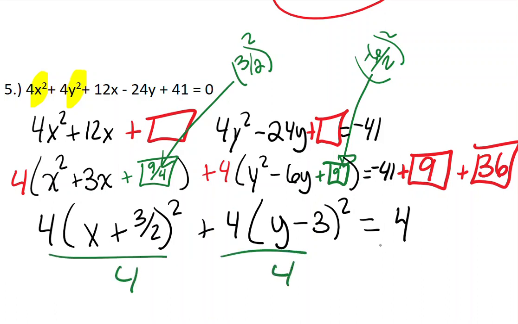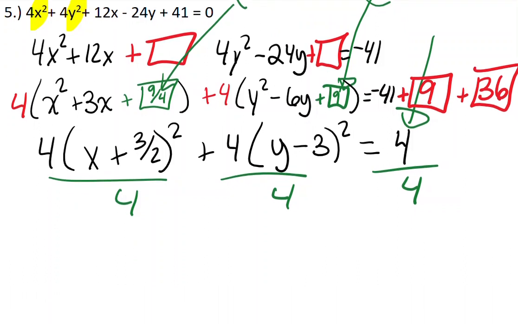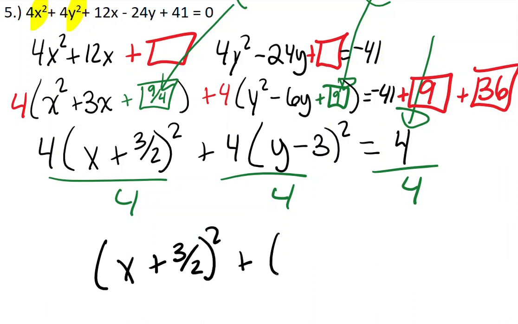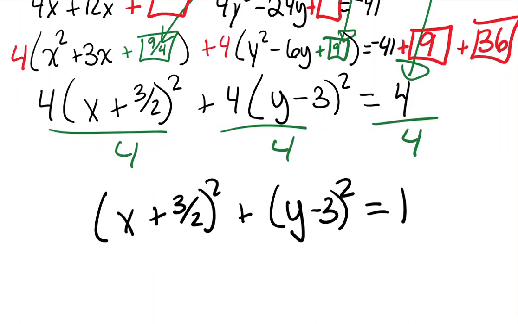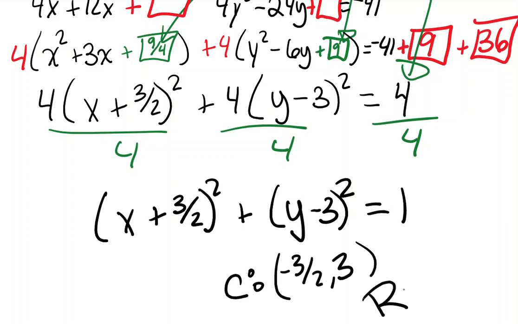It's a coincidence that this one is 4 right here. It just happened. It could be any number. It could have been 16 or anything like that. All right, so I divide everything by 4. That makes the formatting a little bit better for the circle. What's the center? Good. And the radius? 1.